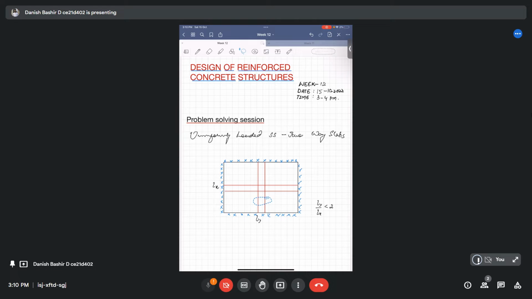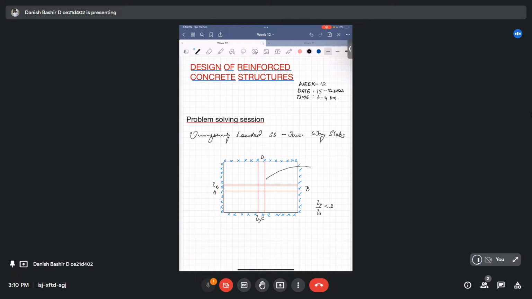So this is our CD strip, and this is our AB strip. These strips are along the center lines.